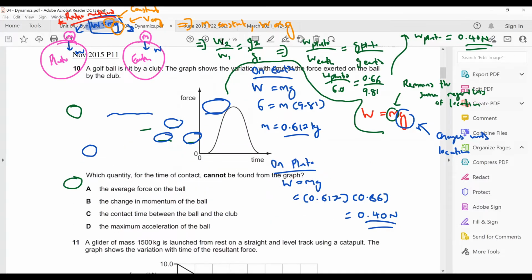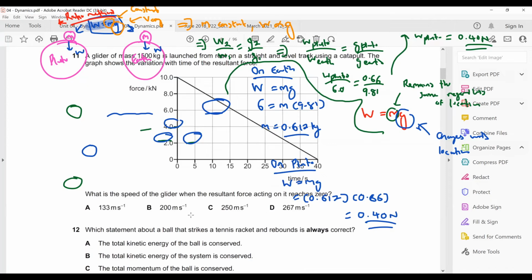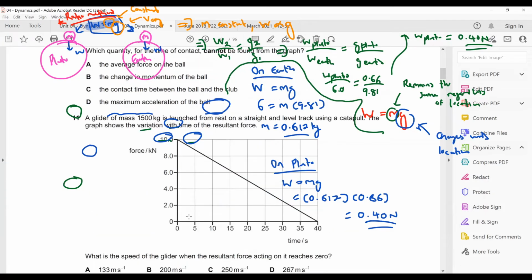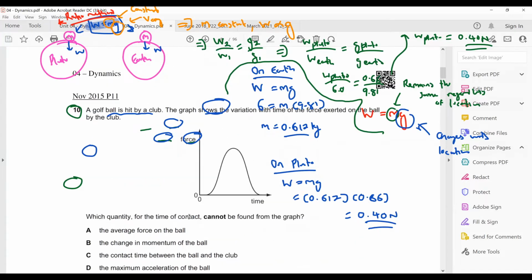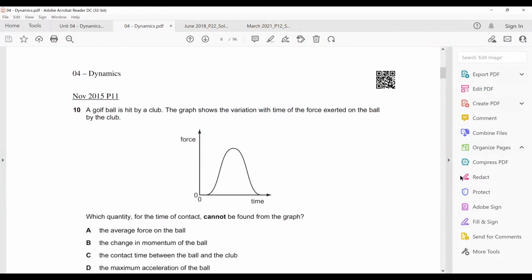Page 9. Maybe we have a look at page 8. Let me just clear this one off. Have a look at page 8. We haven't done until here.